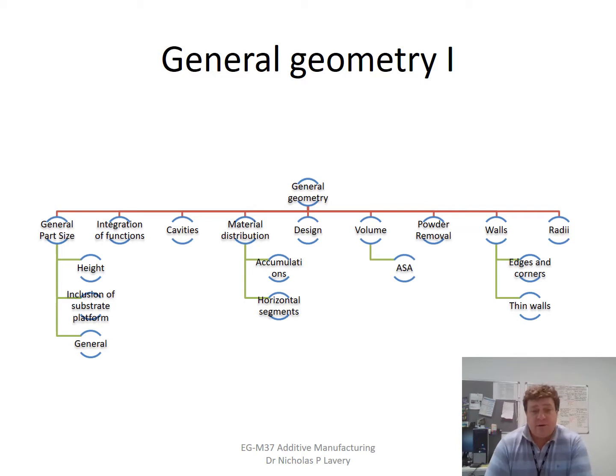So cavities, one of the things you have to consider with cavities is the fact that you're dealing with powder, and the way the process works, you can incorporate a cavity quite easily within the geometry, and you will be able to have the outline surface of the cavity, but the powder will be retained within that cavity, and there will be a level of surface roughness.